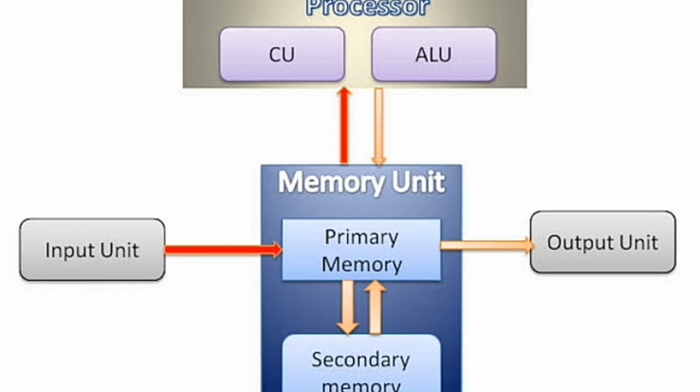It has the processor, which is the CPU, and it has two units, CU and ALU. Then the memory unit consists of primary memory and secondary memory, and the primary memory consists of the input unit and output unit. Study the diagram given in your book properly, so you will understand the structure of the CPU.